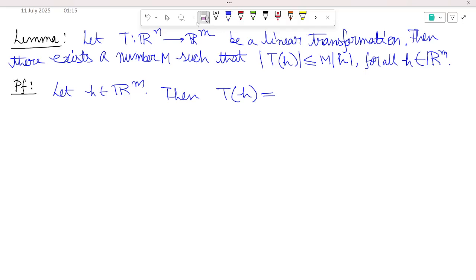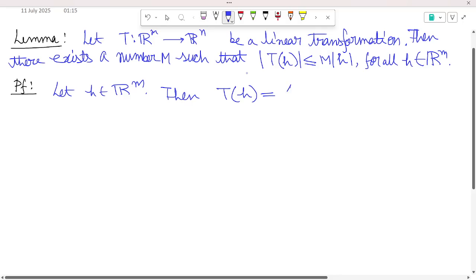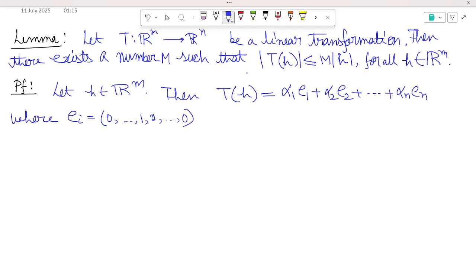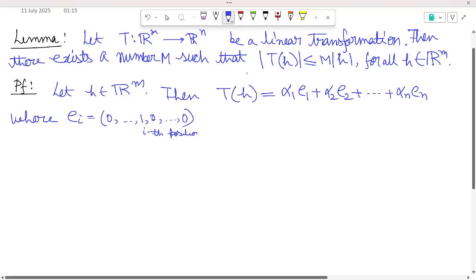So T(h) will be, suppose, alpha 1 e1 plus alpha 2 e2 plus ... plus alpha n en, because this forms a basis, where ei is the vector with 1 only at the i-th position and 0 elsewhere.